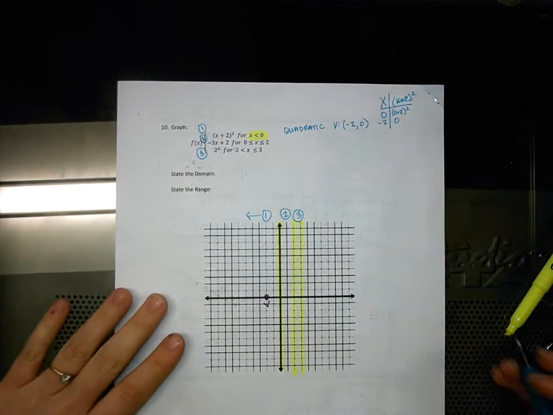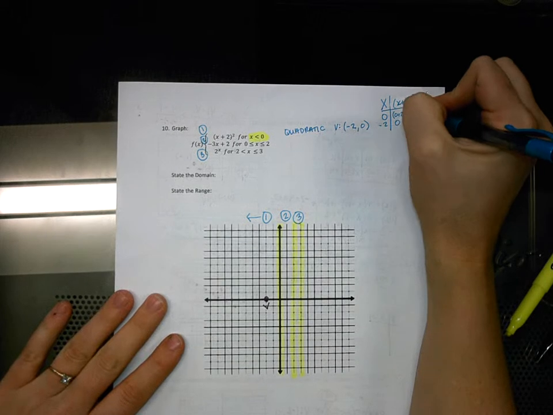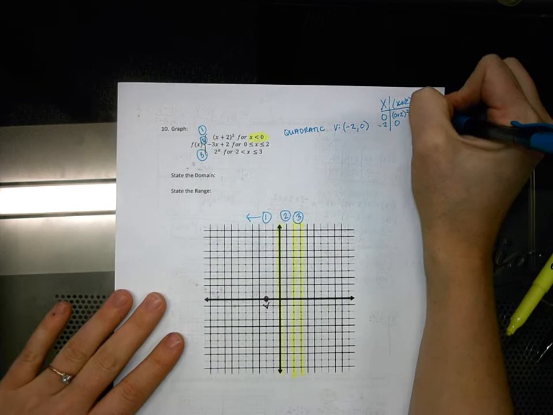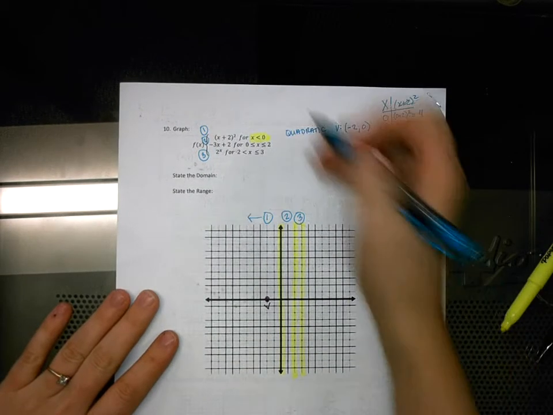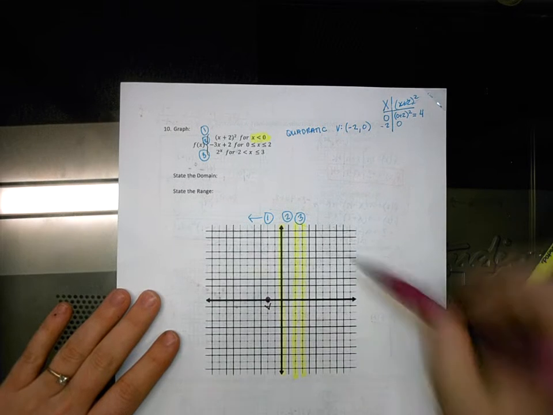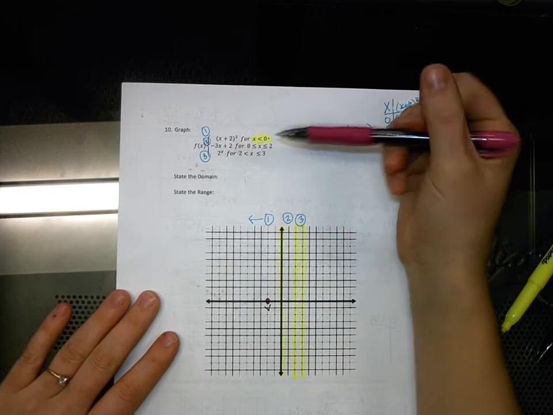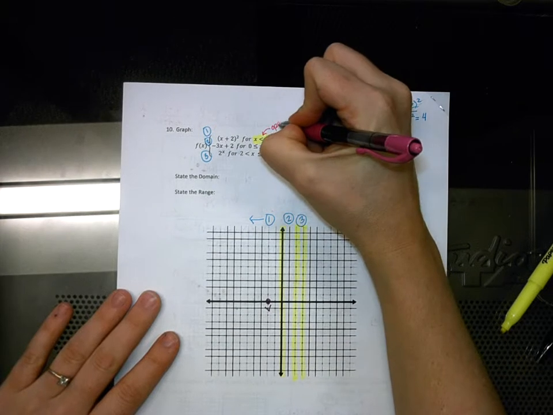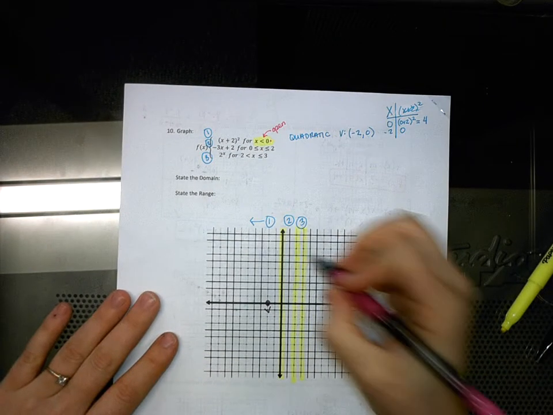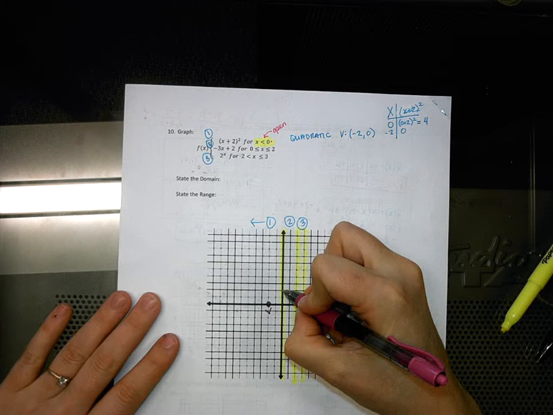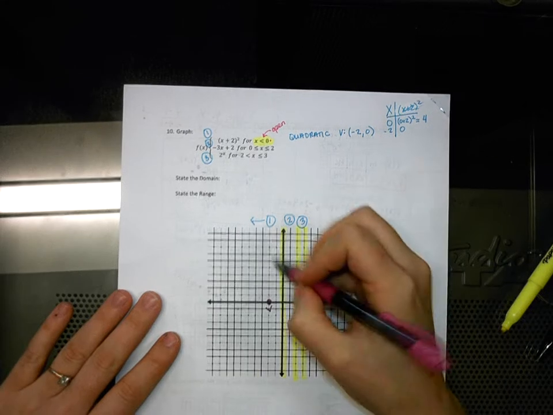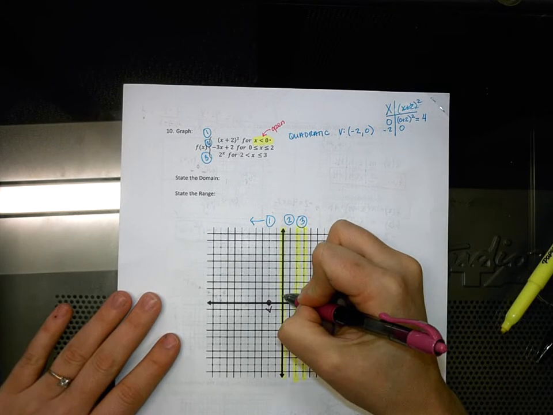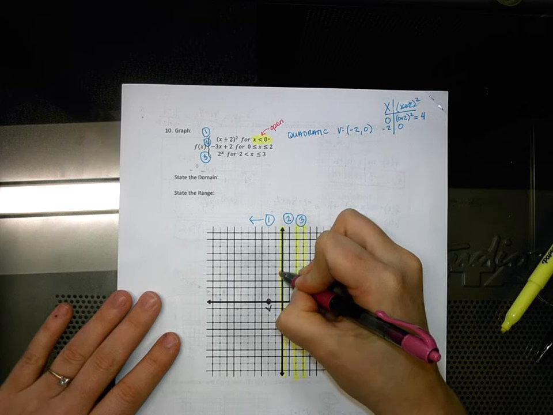Okay, 0 plus 2 is 2. 2 squared is 4. So 0, 4. I need to tell whether at that restriction I have an open or closed point. If it's not equal to, it must be open because I don't actually have a value that I can plot a point on that function. 1, 2, 3, 4. So open point at 0, 4.